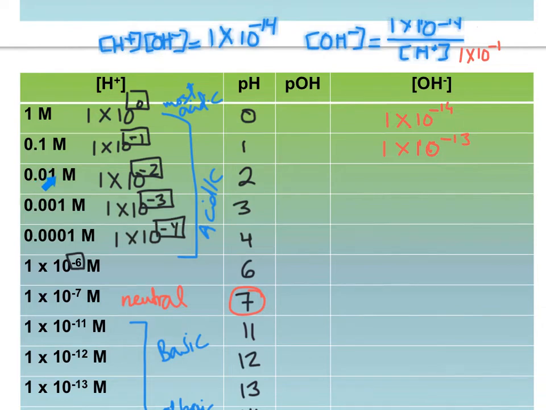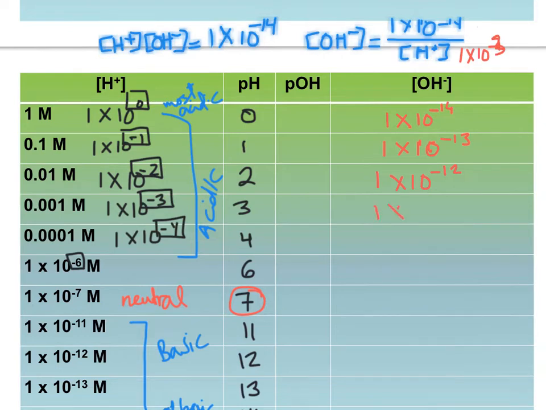Okay, let's move on to the next one. What if it's 0.01, 1 times 10 to the negative second? So let's say this was -2 instead. Again, you subtract the exponents, so you get 1 times 10 to the -12. Next one, this one is -3 now.